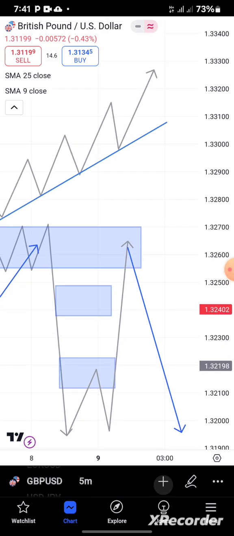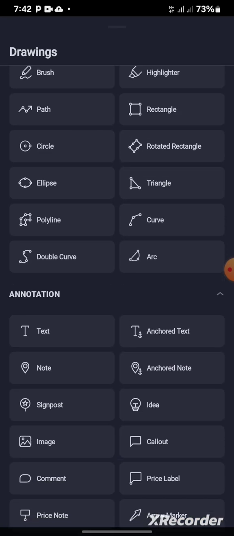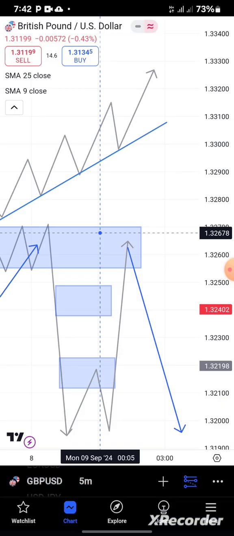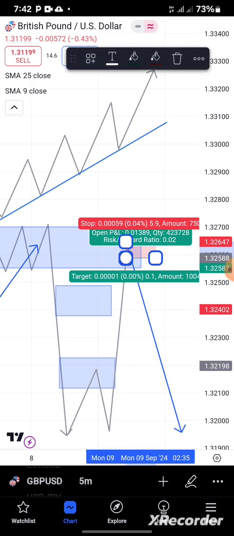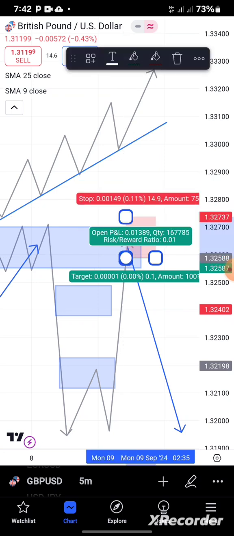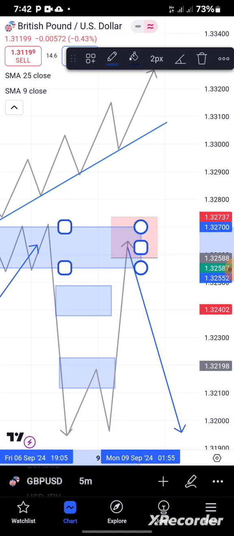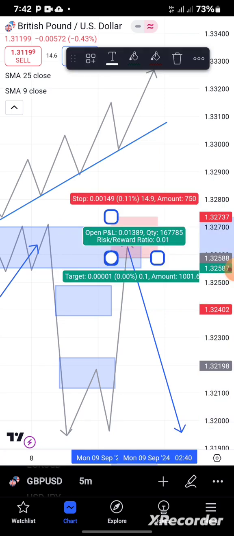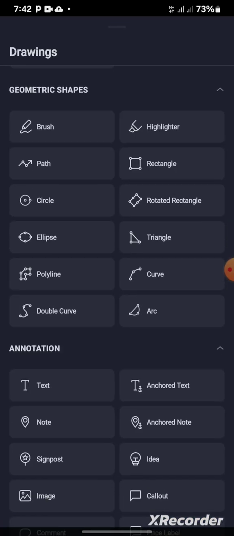You see, most traders will enter short positions right here and keep the stop loss above that point.